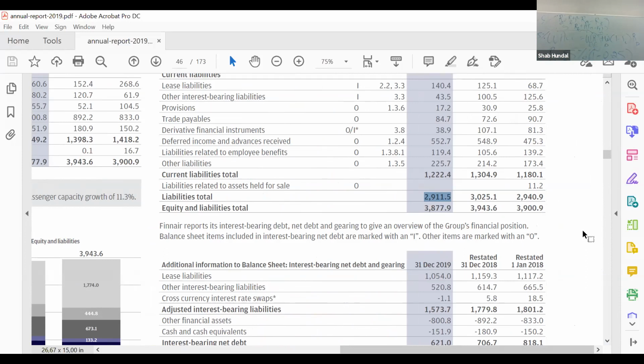Can somebody divide 83.6 by 2911.5? Zero point, so basically this is 0.02, 0.03. Can you call it 3% then?